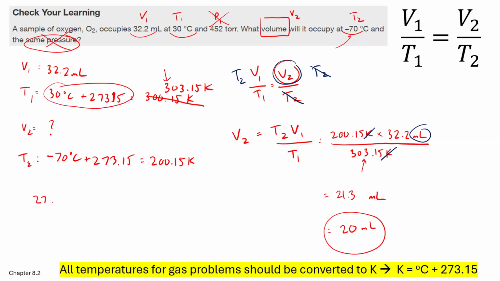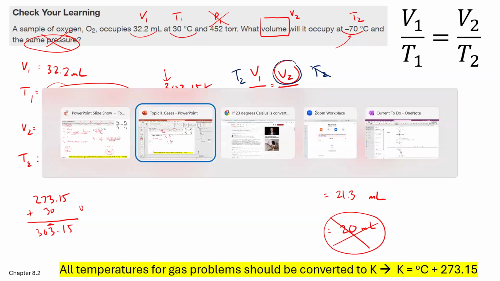It's 273.15 plus 30, so it's going to be 303.15, but with addition and subtraction rules, remember, it's the least amount of decimals. This has 0 decimals, so actually the sig fig is over here. So we actually have 3 on each one. Let's do the calculator again, because I think I put that number in wrong.